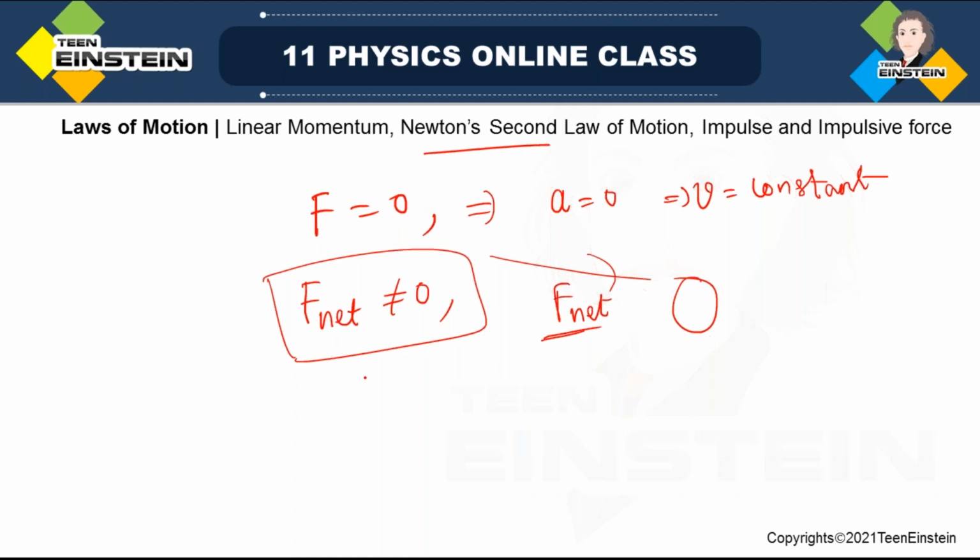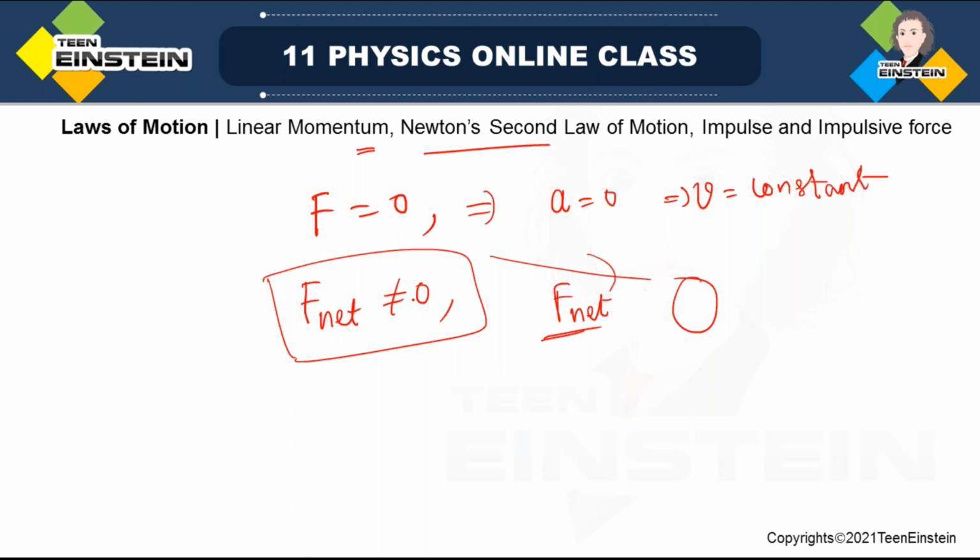See, whenever we see the effect of something, there will be some changes to some parameters. So in this case, the linear momentum is the parameter which will give us the idea how external force affects the motion of any object.